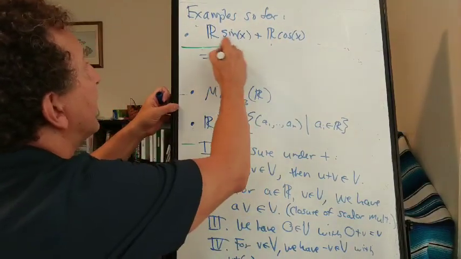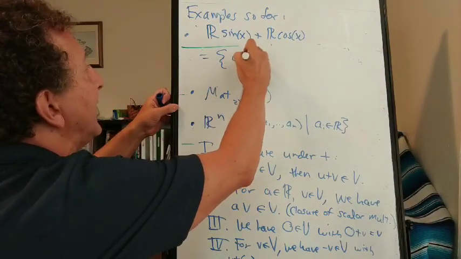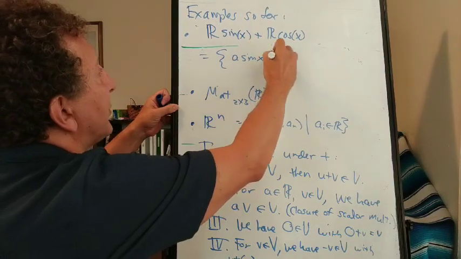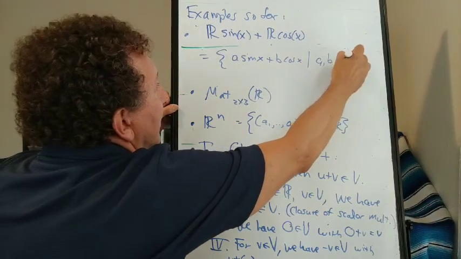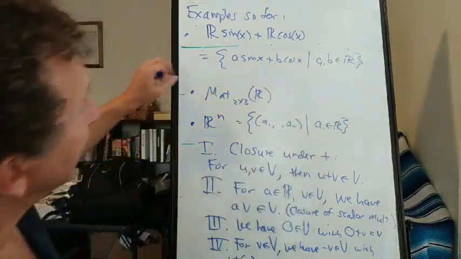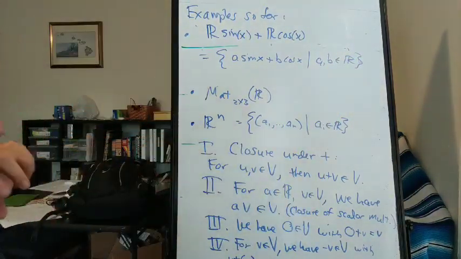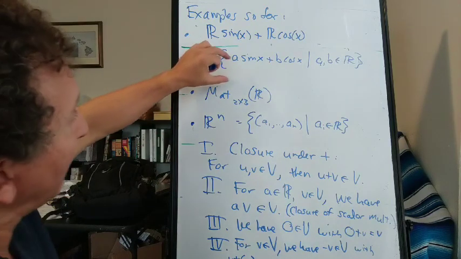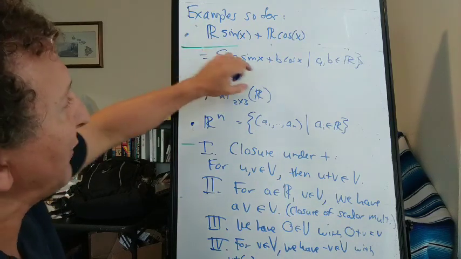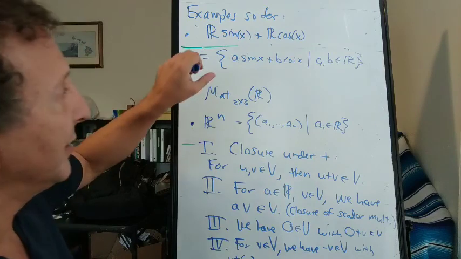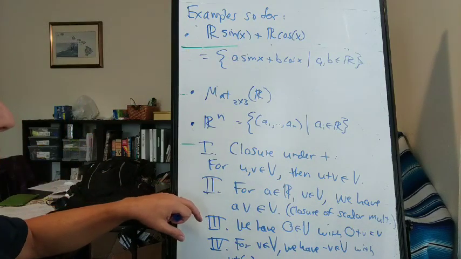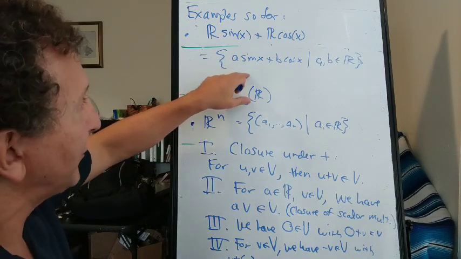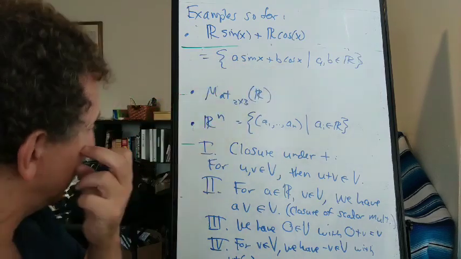So that's the set of all functions of the form a sine x plus b cosine x, where a and b are real numbers. So if we add two of these together, we get another one, because the coefficients of sine are going to be real plus real, the coefficients of cosine will be real plus real, therefore they're both real. If we multiply one of these by a real number, then we still get real sine plus real number cosine.